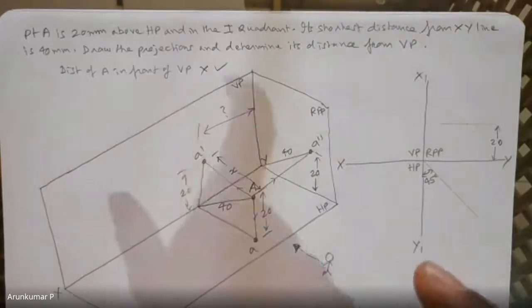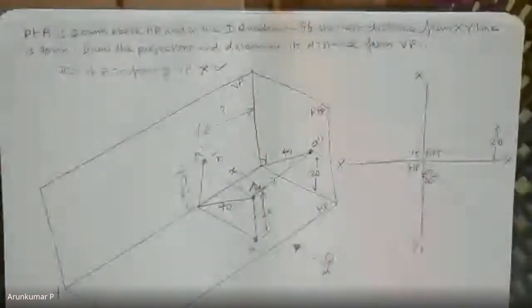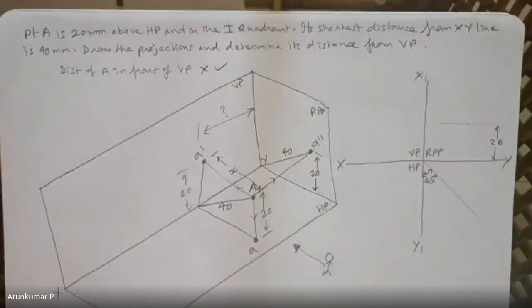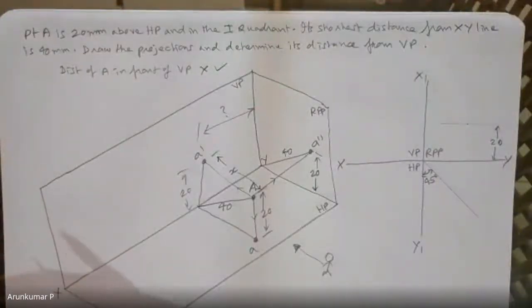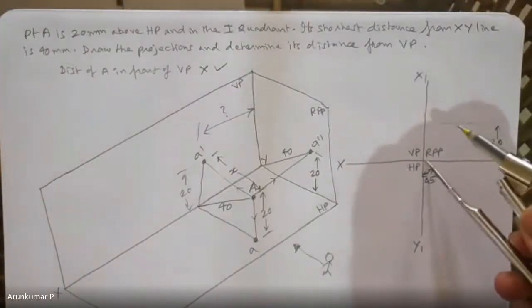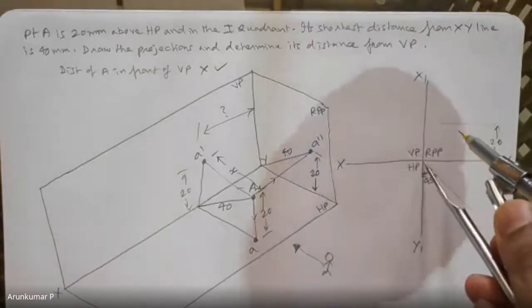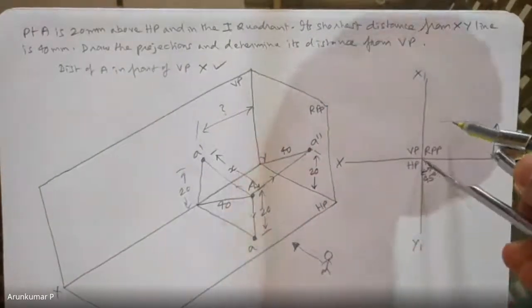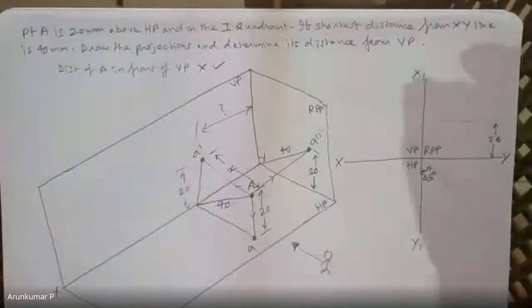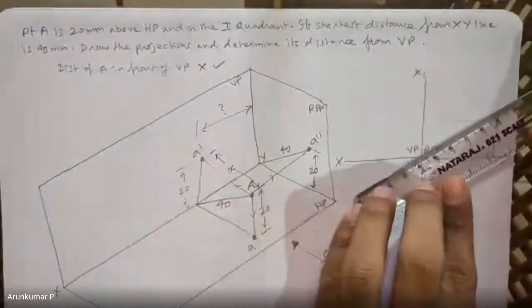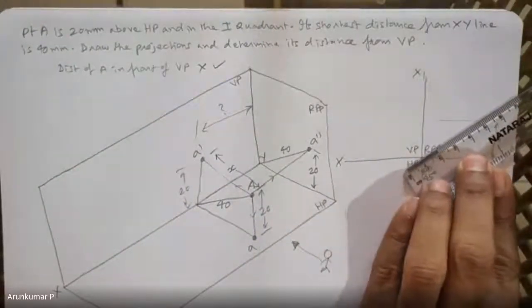Take your rounder, measure 40 mm, and then with this point as center and radius equal to 40, cut this 20 mm line. So roughly I can just draw and show you.